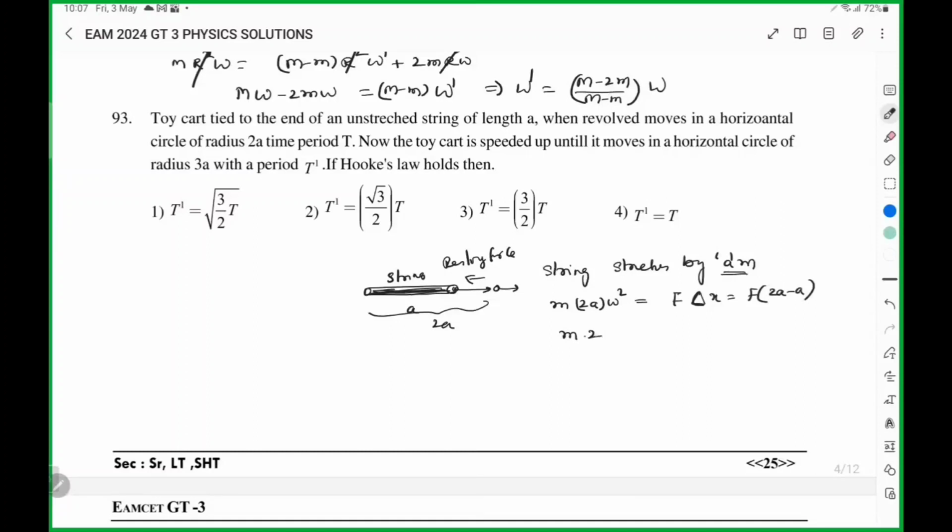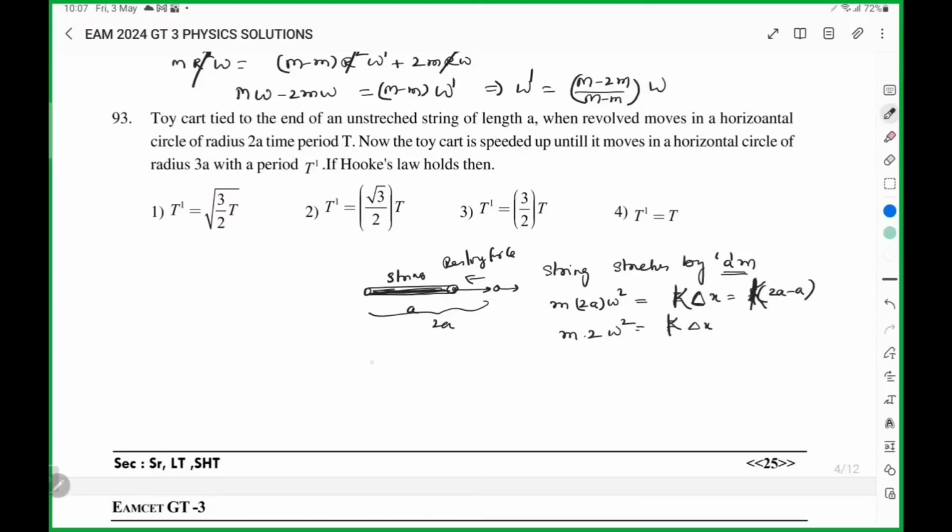So m into 2a omega square is F, and F is K delta x, restoring force, K into extension, where K is the spring constant.